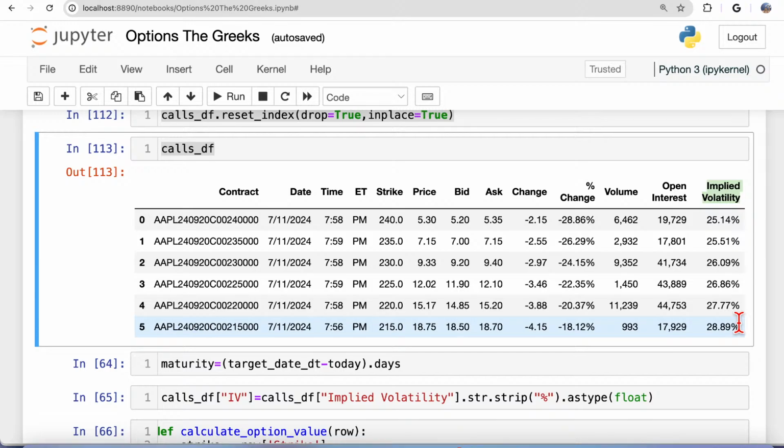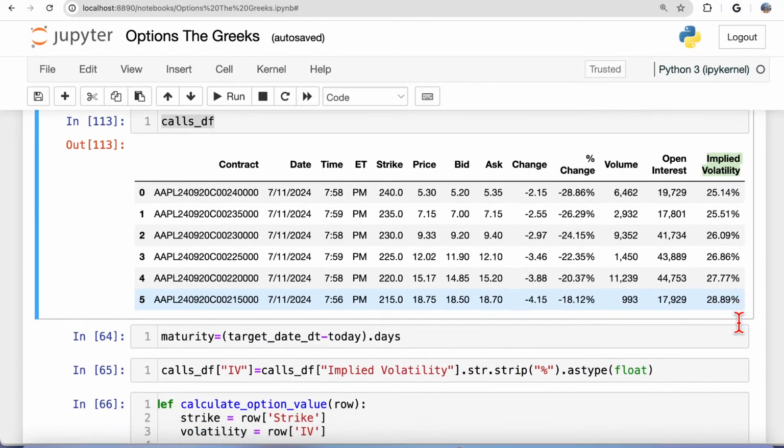And then we might have some less volatile stocks that maybe move little by little. Maybe, I don't know, again, I'm not giving investment advice, maybe like Verizon, or maybe like AT&T, something like that, would be less volatile. So implied volatility, a very important factor that we will take into consideration.